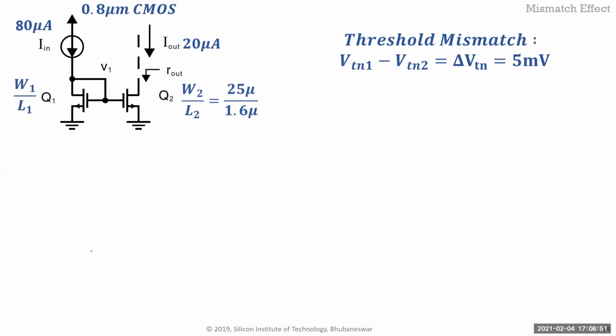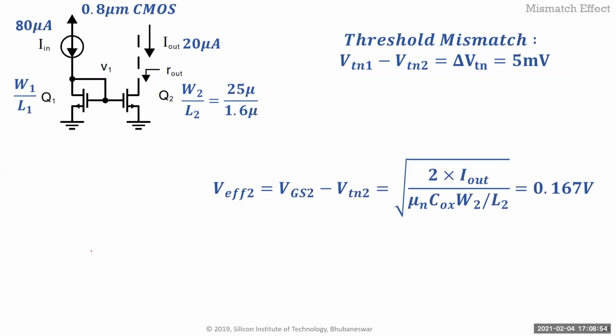Okay, so here I'm just showing a small example of mismatch effect. So you can see if your VTN mismatches by 5 millivolts, so let's say this VT was 0.4 volts, this will be 0.405 volts, by extra amount. Might seem very small, but this is actually varying the gate voltage, right?